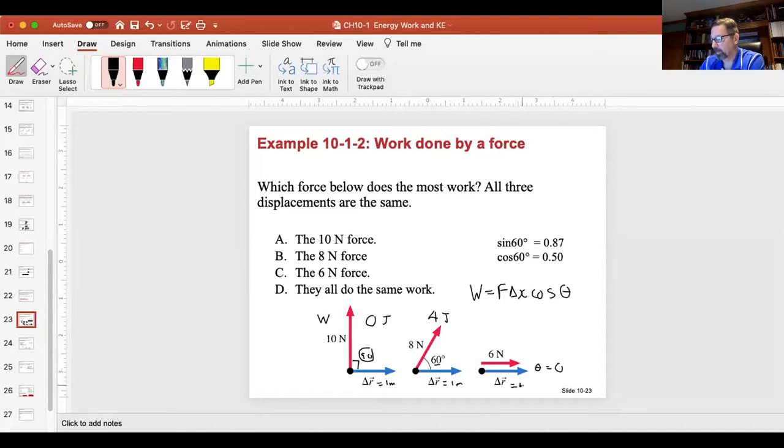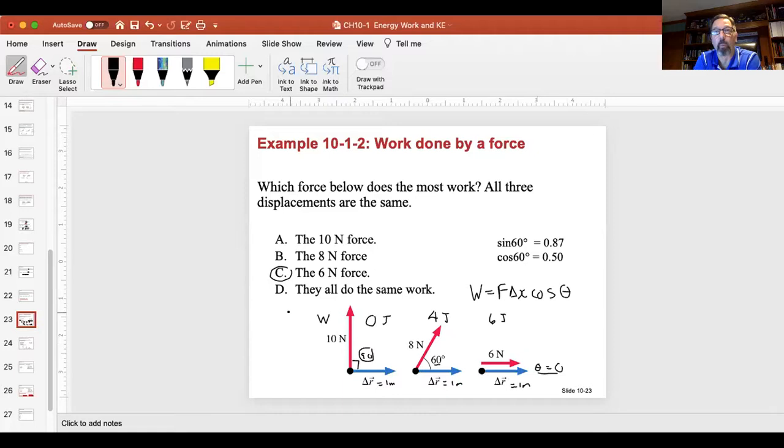Let's make them all 1 meter. And then the last one here would be 6 joules, wouldn't it? Because that's a 0-degree angle. The cosine of 0 is 1, so it's just 6 times 1, 6 joules. See how that works? Yeah, the 6 Newton force does the most work because of that angle.